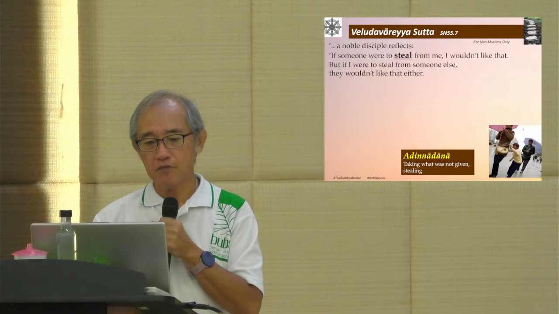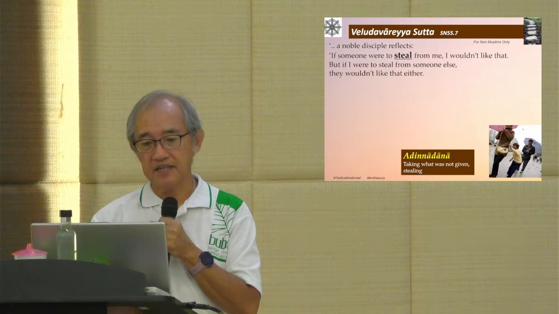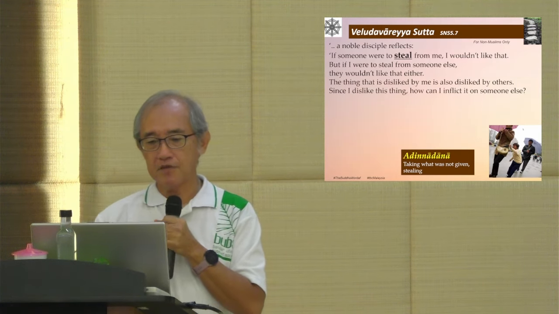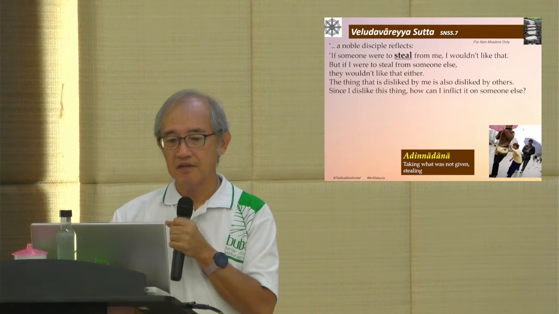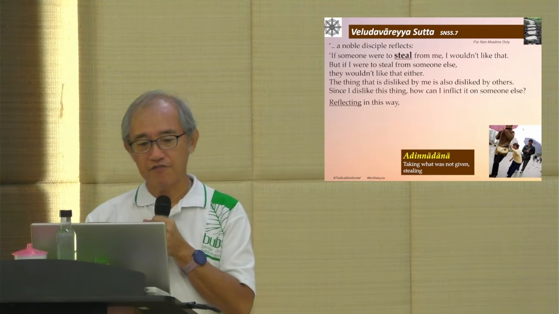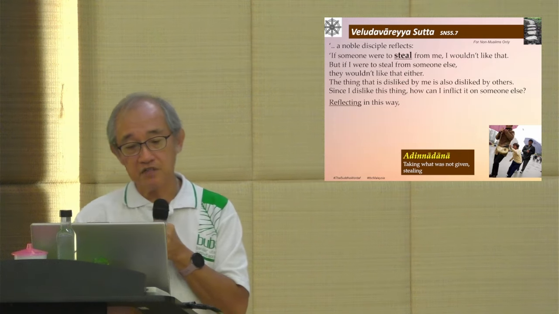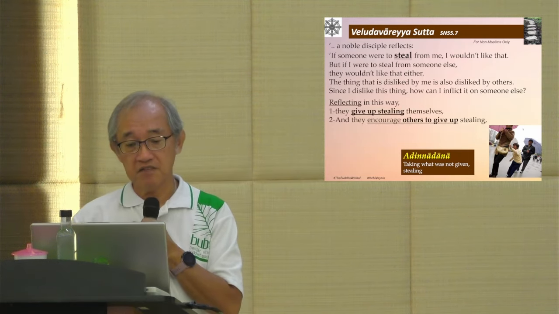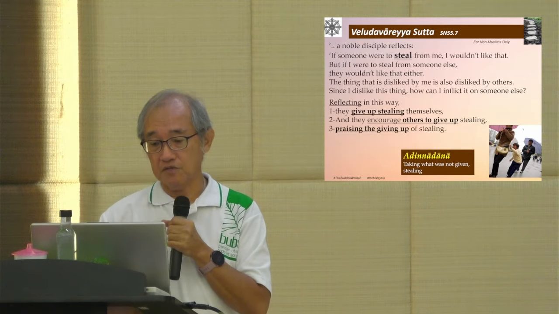If I were to steal from someone else, they wouldn't like that either. So we quickly move forward. The thing that is disliked by me is also disliked by others. Since I dislike this thing, how can I inflict it on others? Reflecting in this way, they themselves give up stealing. They encourage others to give up stealing, and they praise the giving up of stealing.